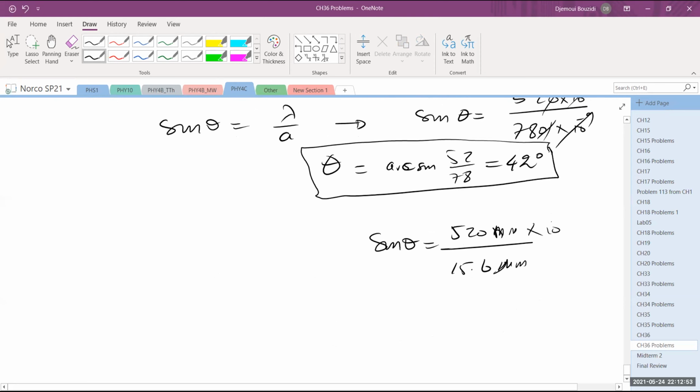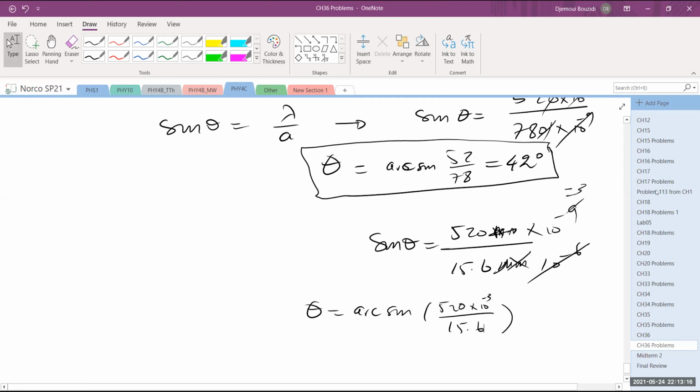So again, this is 10 to the negative 9 and this is 10 to the negative 6, and then I'm left with 10 to the negative 3. It's clearly very small now. So theta is going to be arc sine of 520 times 10 to the negative 3 over 15.6.